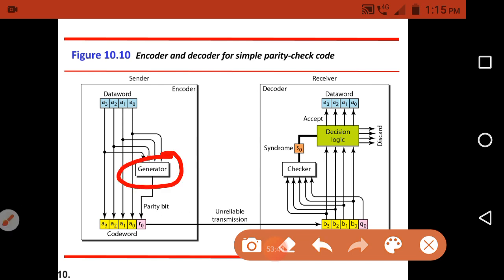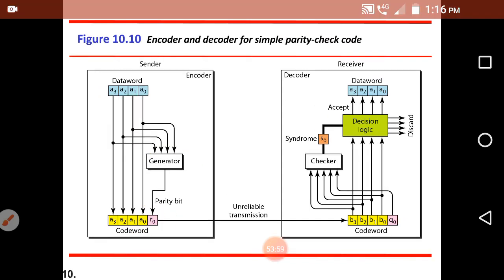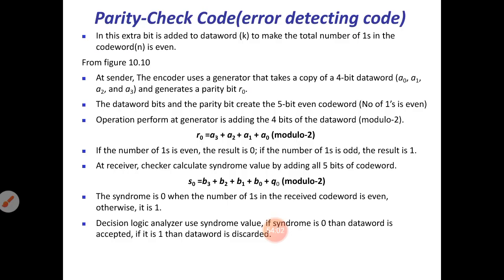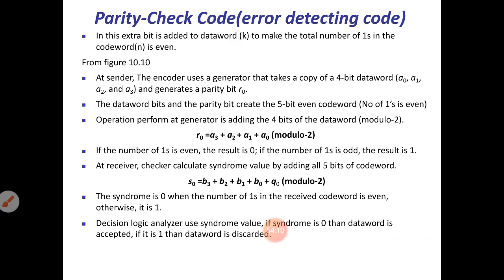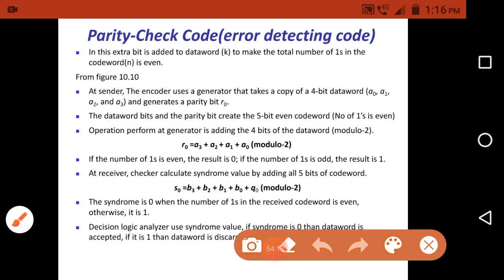At the sender side there is a generator that takes this 4-bit data, performs the calculation, and generates the parity bit. That parity bit is added to the data word to create the code word. The data word bits and the parity bit create a 5-bit even code word. Even code word means the number of ones in that code word should be even.